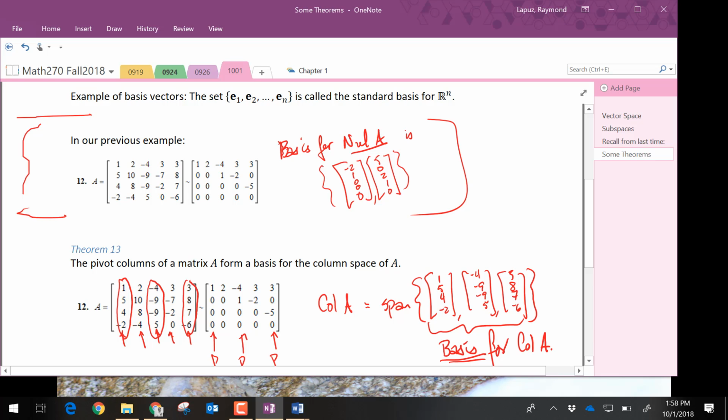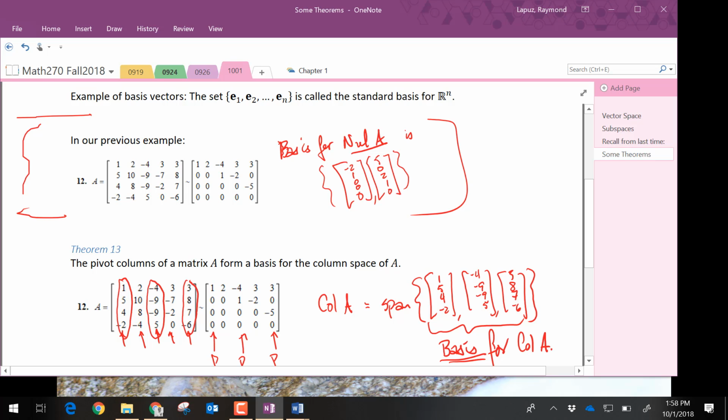In other words, I could take any of these column vectors and write it as a linear combination of these basis vectors. So if these 3 vectors span the column space, I could take any of these columns and write it as a linear combination of the basis vectors.